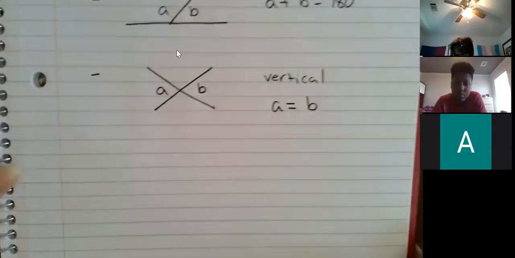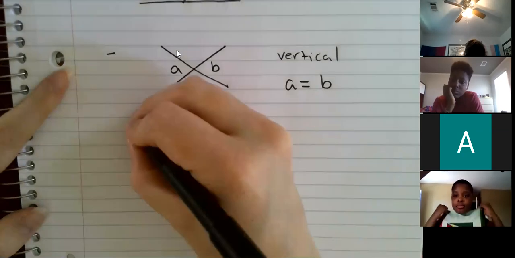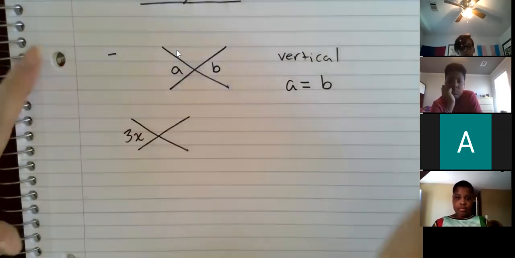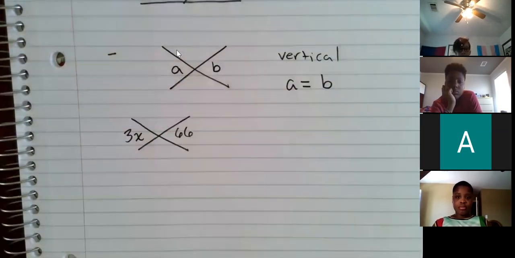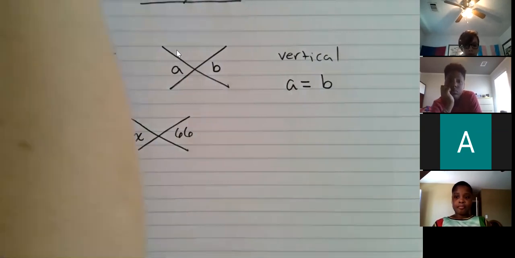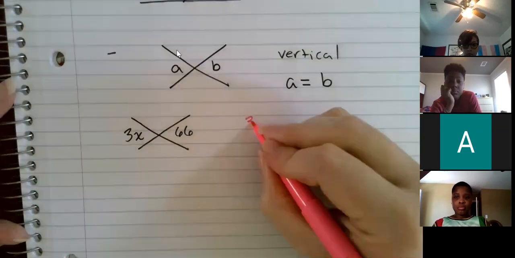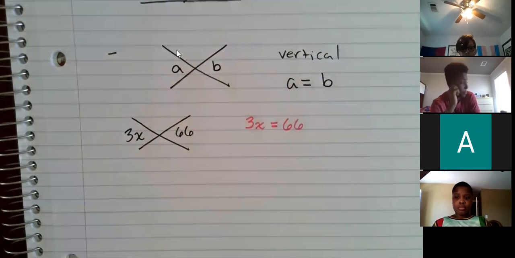So if I said that you have the following, 3x and say 66. These are vertical angles. Since they're vertical, that means that we do need to go ahead and set them equal to each other. So 3x would be equal to 66, and then you would just solve for x.